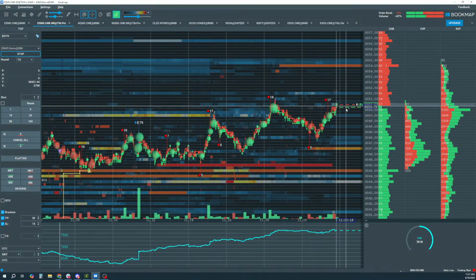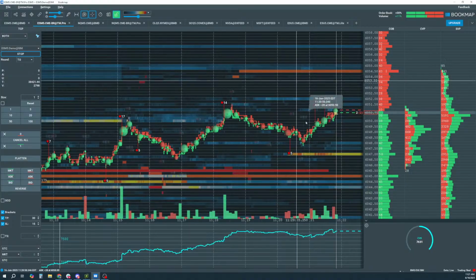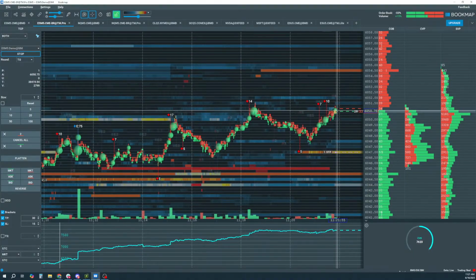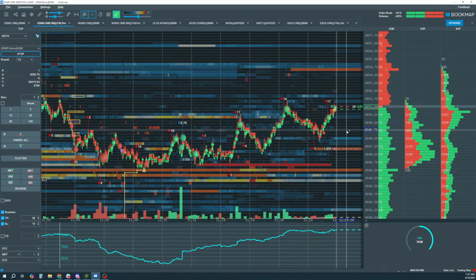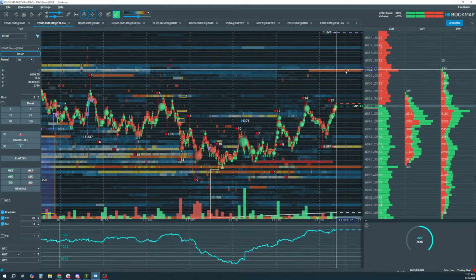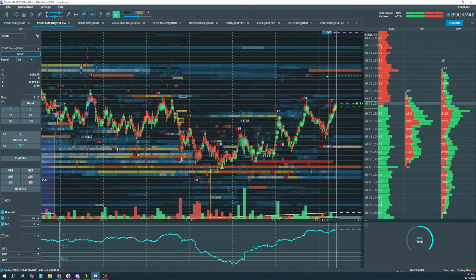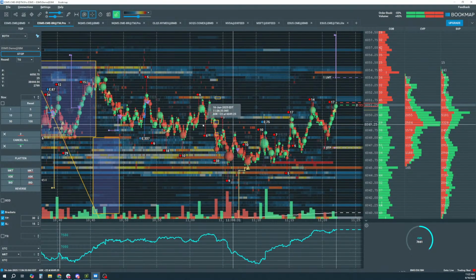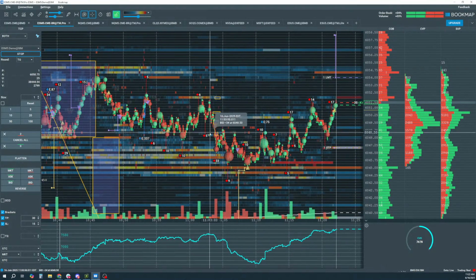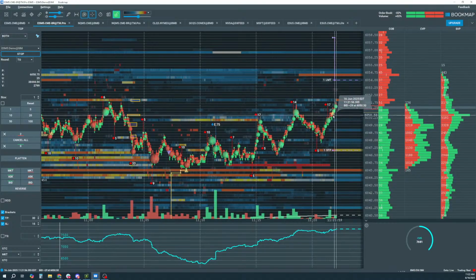Okay, in fact, we can even jump into that. Now, I don't like jumping in at the top of this range in here because I am looking for a pullback here. But let's see if we can get a move back up into here. And that'll be high of the day here. Okay, and why am I kind of jumping in up here?